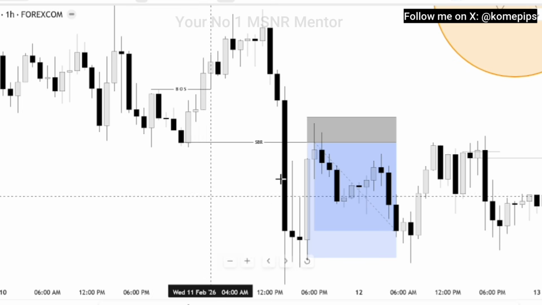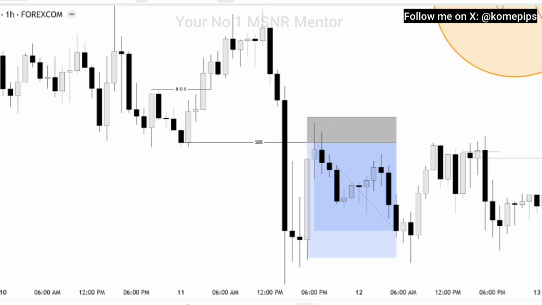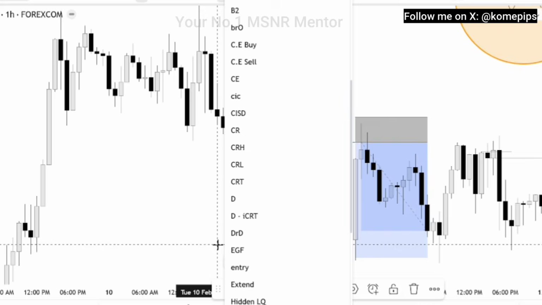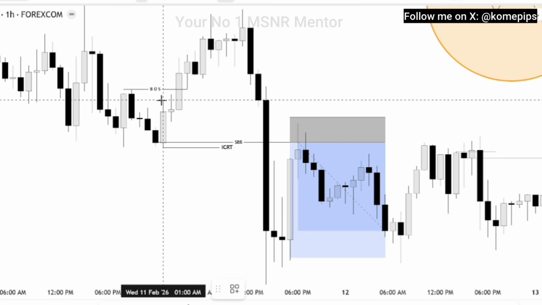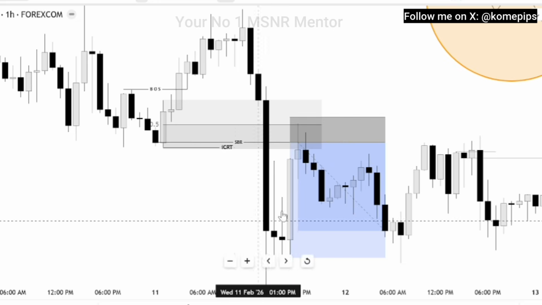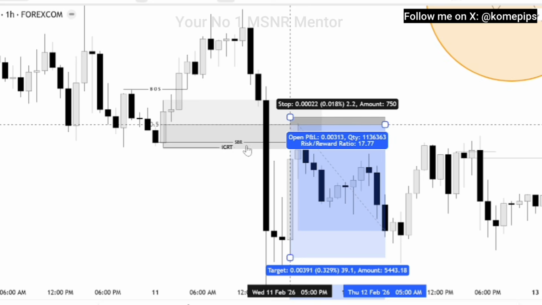So for example, this SBR is in line with the Komepips ICRT. So this is an ICRT right there. This is an ICRT right there. And if you notice, price used the 50% of the ICRT. You see why the Komepips ICRT can be very, very powerful, because the precision can be strong.